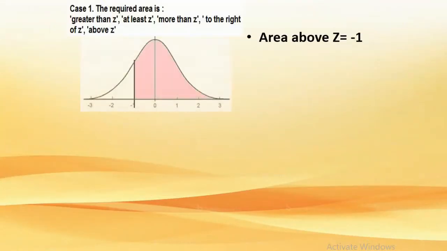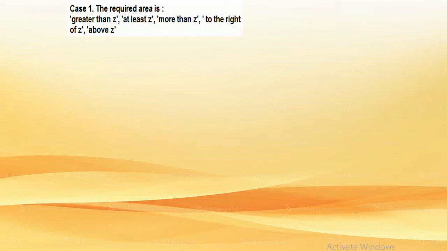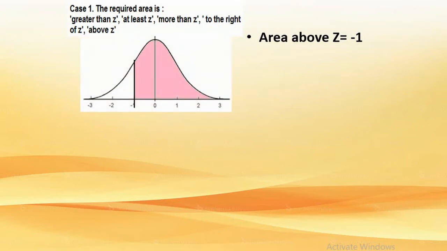Case number 1. The required area is greater than Z, at least Z, more than Z, to the right of Z, above Z. Area above Z = -1. So the graph looks like this. Take note of the word above.